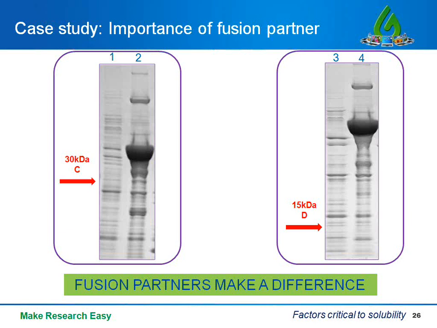And on the right side image, we see a 15 kilodalton highly insoluble target protein is made soluble by tethering it downstream of a 45 kilodalton soluble fusion partner, as you can see in lanes 3 and 4. And by the way, both these fusion partners are novel proteins that are not on the list we saw on the earlier table.